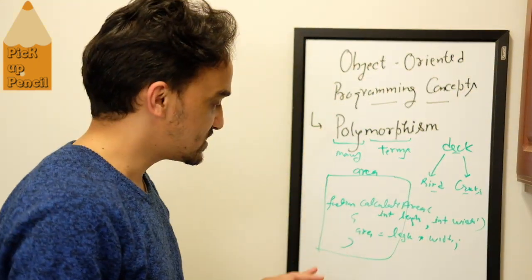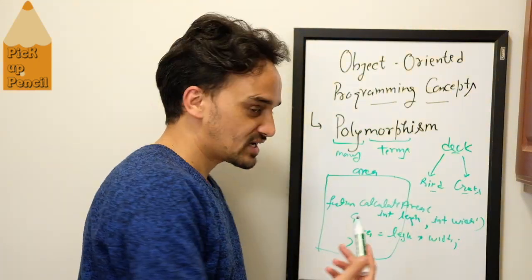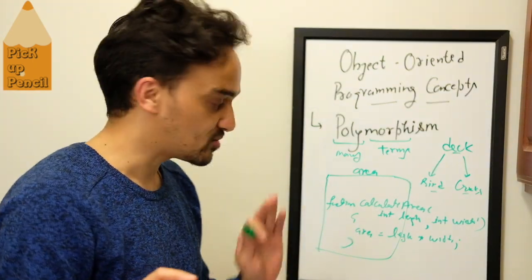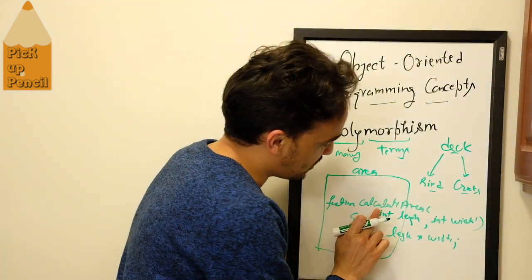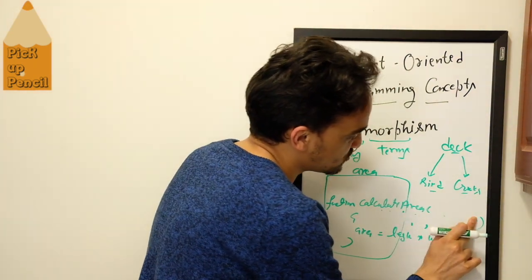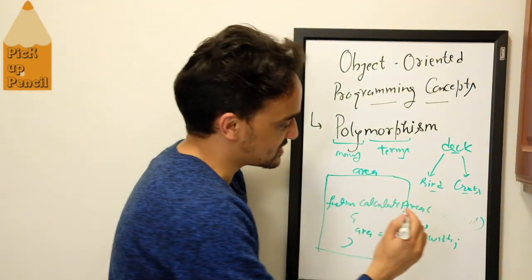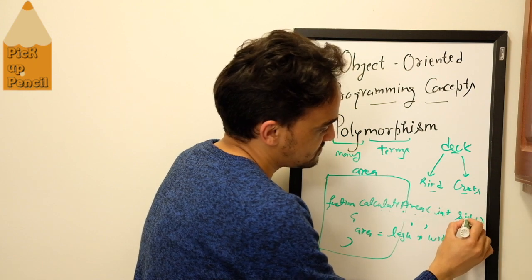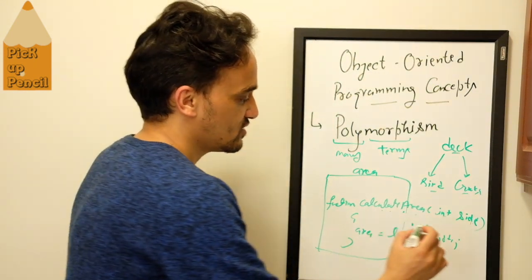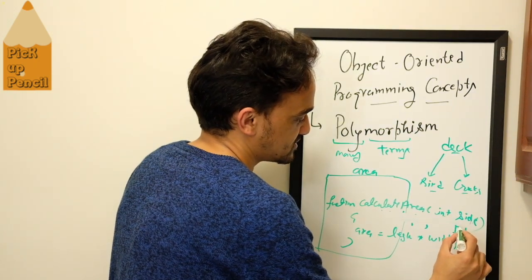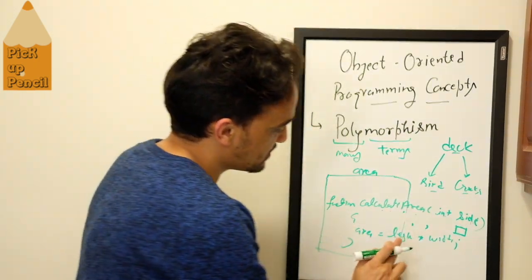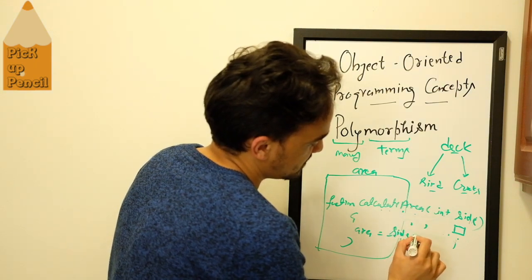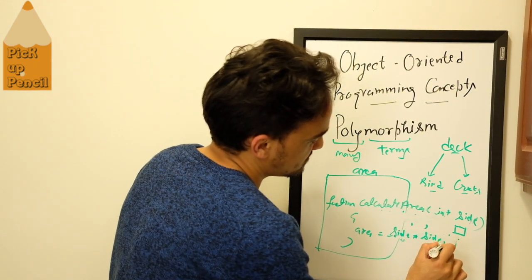Now think about the same function calculateArea. We can use it to calculate the area of a square, not a rectangle this time. What we really want is not these two parameters, we just want one parameter, that is int side, right? Because we know for a square all sides are the same, and then the area will be side into side, that's all.